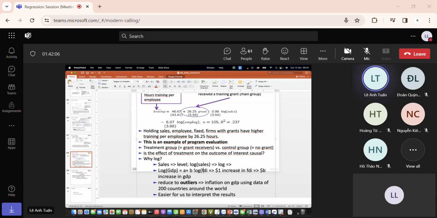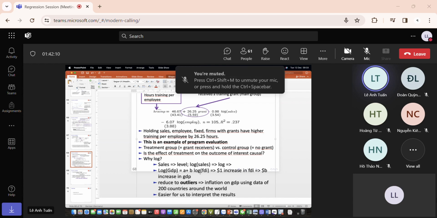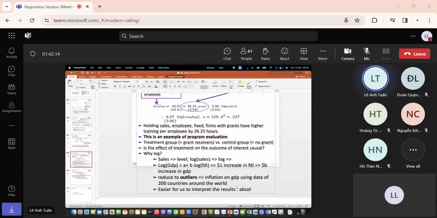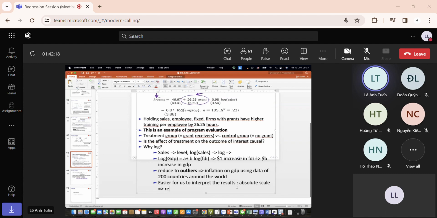But if you use the log model, with GDP and you take log on both sides, that means you transfer from the absolute scale to the relative scale, right? And when you transfer from the absolute scale to the relative scale, the way you explain the coefficient is different.